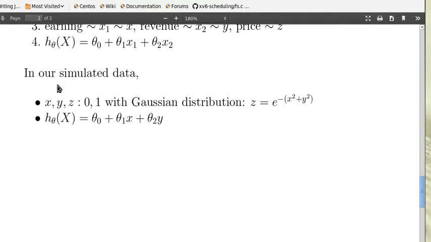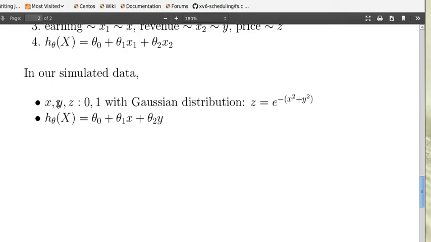And to represent this in 3D graphics, we need some simulated data. So our simulated data will be generated using a random number, and they will be normalized to values between 0 and 1.